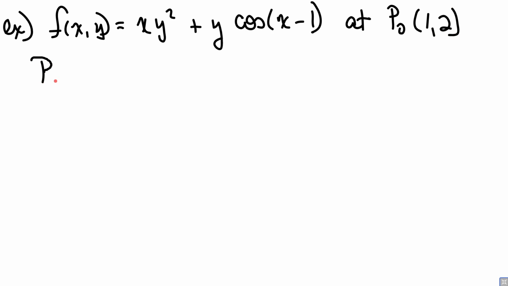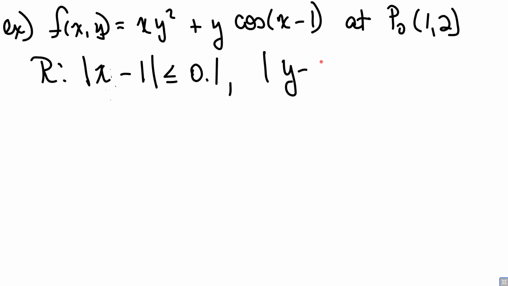Now, our region is going to be a rectangular region, where the absolute value of x minus 1 is less than or equal to 0.1, and the absolute value of y minus 2 is less than or equal to 0.1.